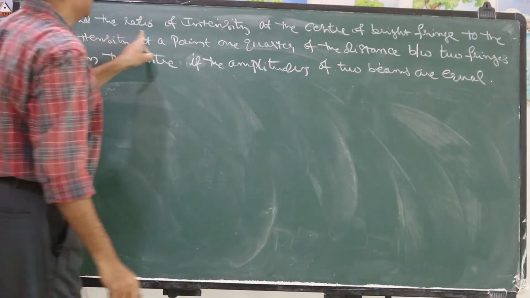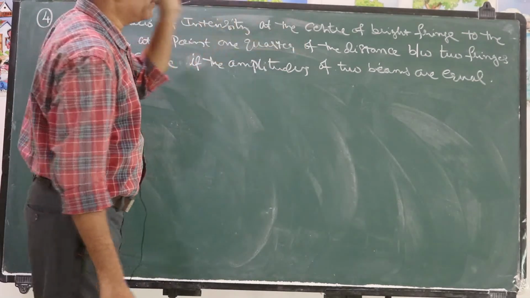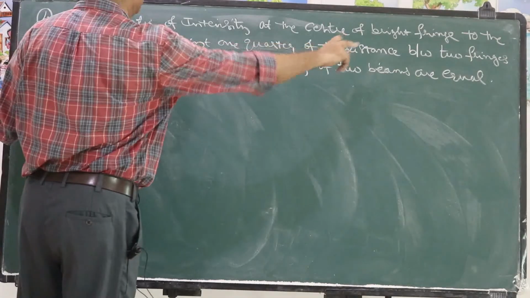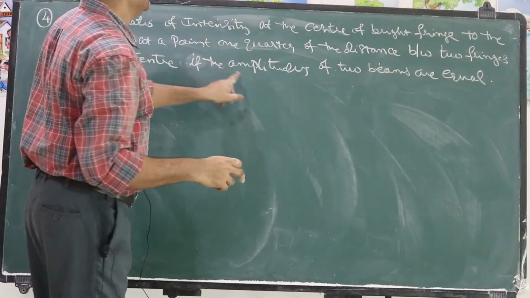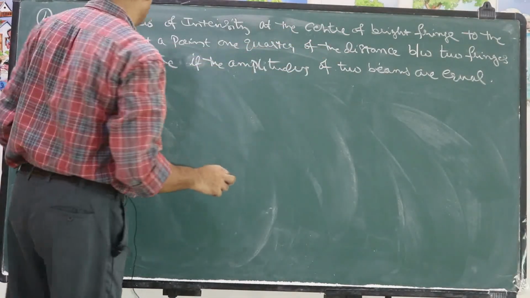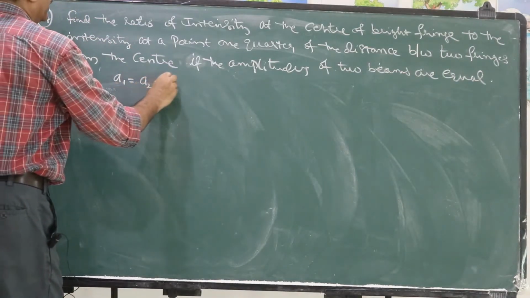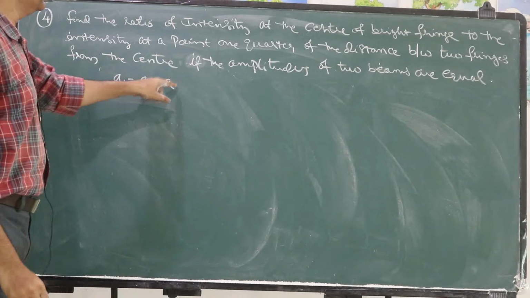Now the ratio of intensity at the central bright fringe to the intensity at a point 1/4 of the distance between the two fringes from the center if the amplitude of the two beams are equal. That means given condition is the amplitudes A1, A2 are equal. Assume that A1, A2 is equal to A.